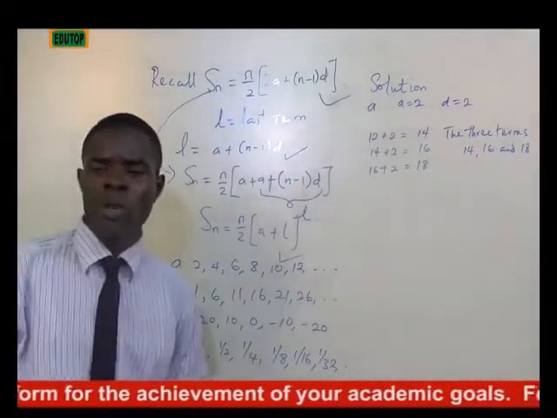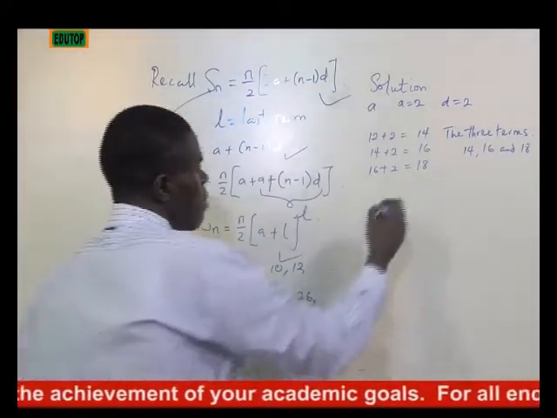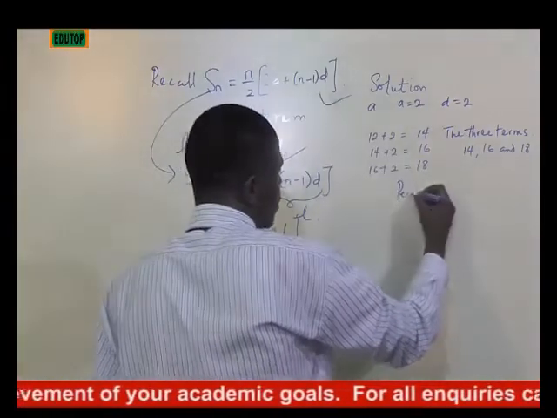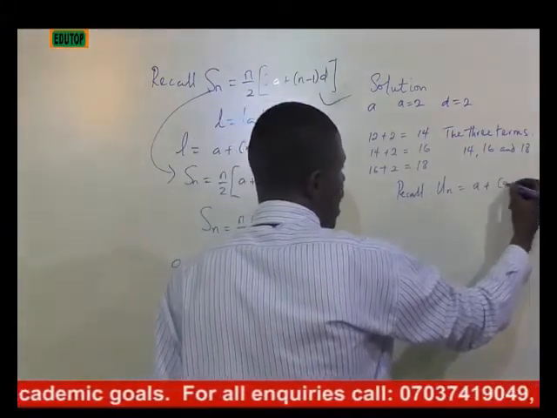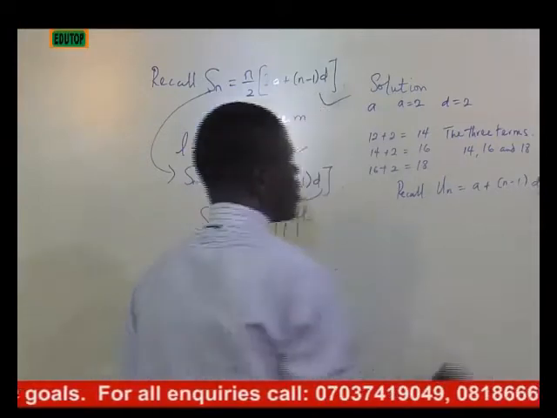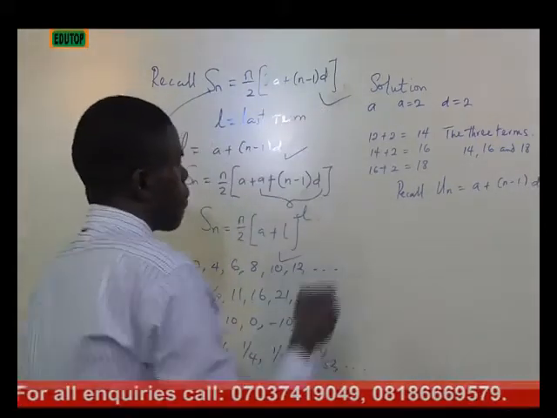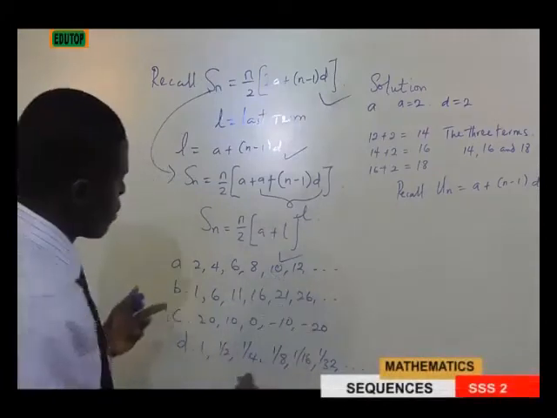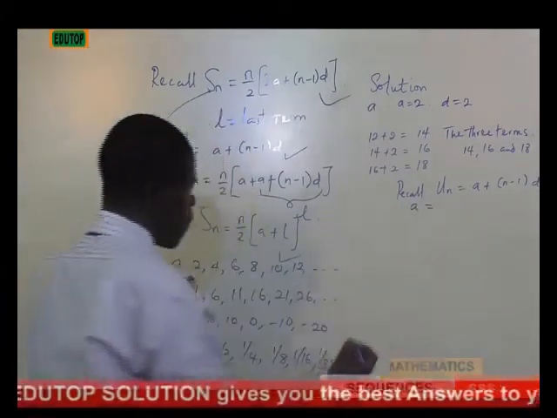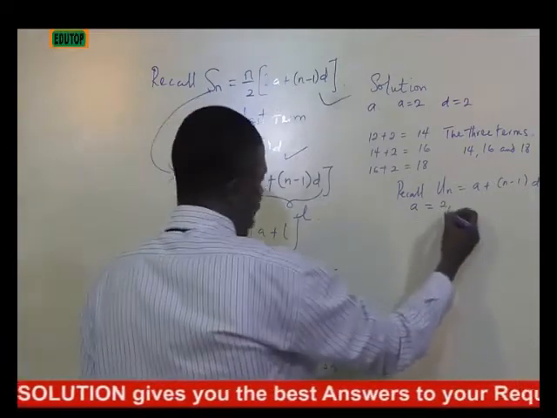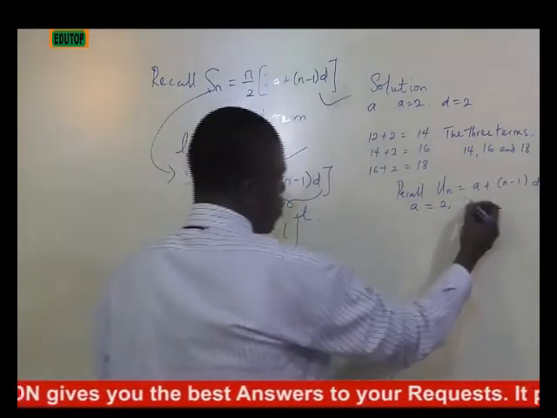Since the question asks us to look for the rule, it can be recalled that Un is equal to a plus (n minus 1)d. From the successive terms, we know that our a is the first term, which is 2, and our d is the common difference, which is 2.